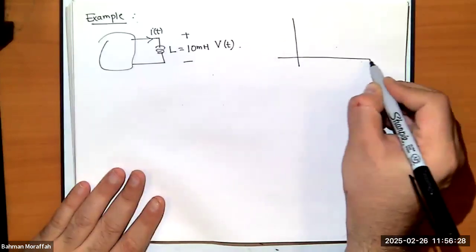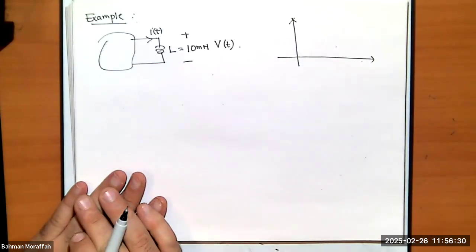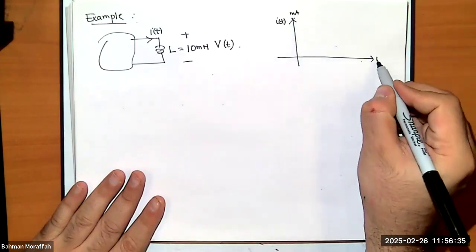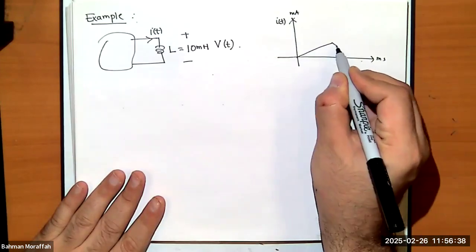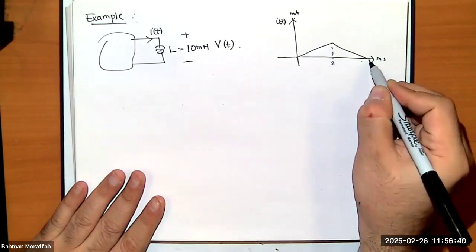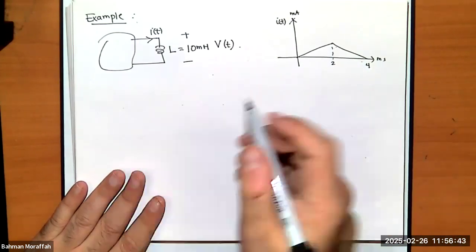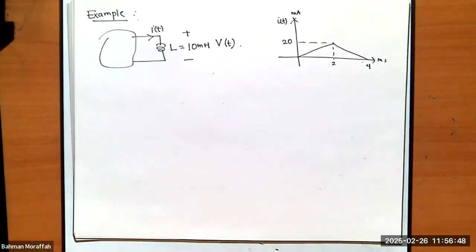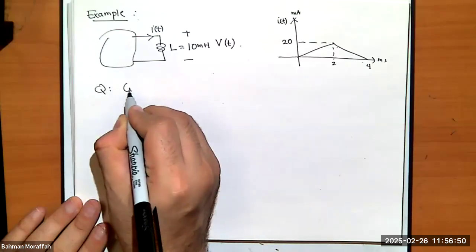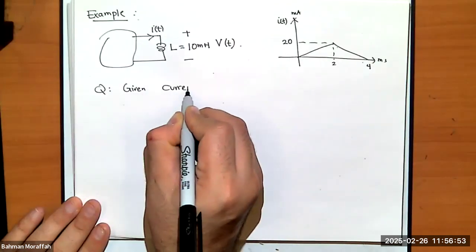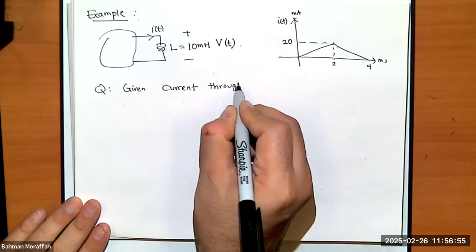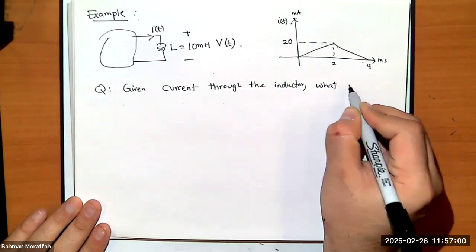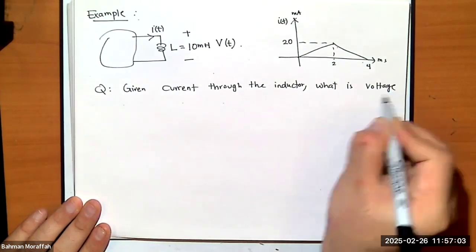We know i(t), which is current through this inductor, follows this graph. So i(t) in milliamps, and this is in milliseconds. It looks like this. This is 2. This is 4. And the value here is 20 milliamps. The question is, given current through the inductor, what is voltage across it?